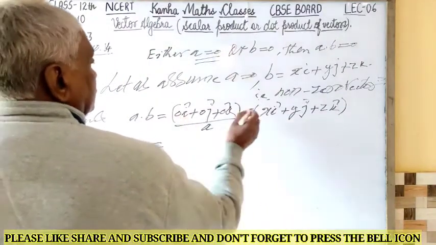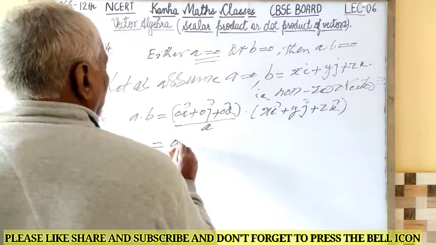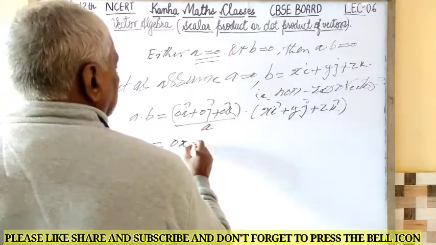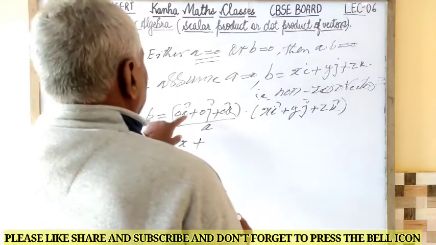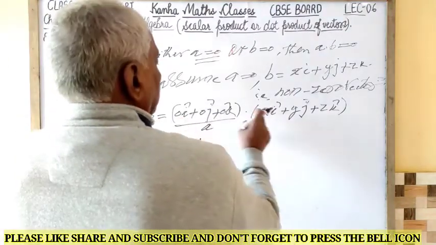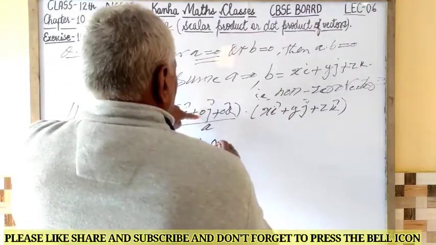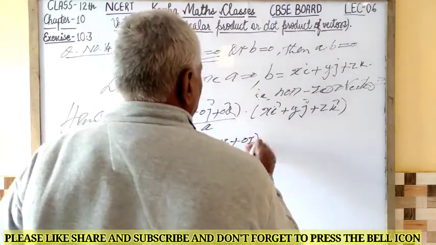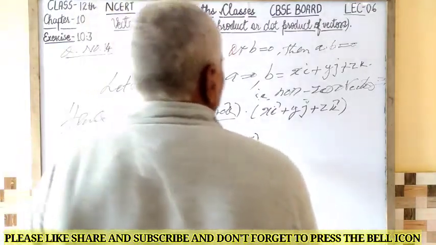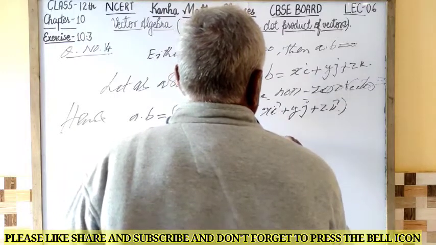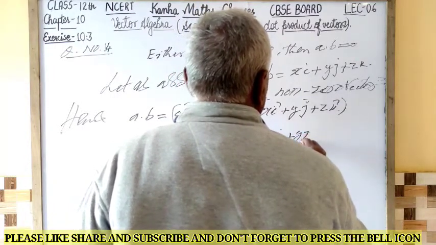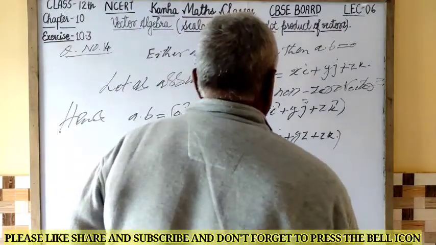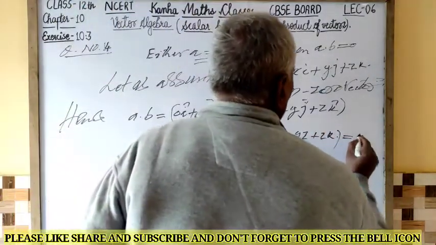This gives 0 times x plus 0 times y plus 0 times z, and obviously the dot product is equal to 0.